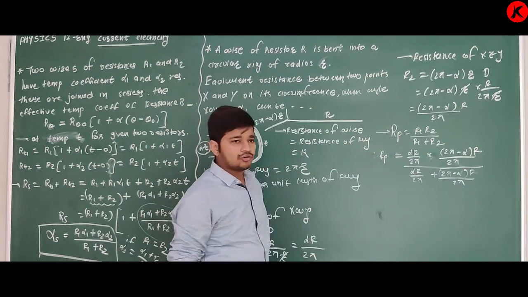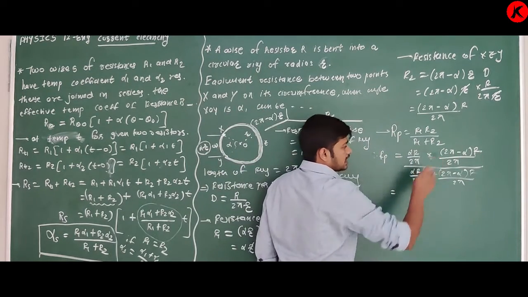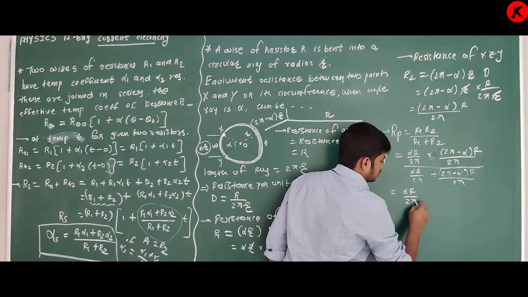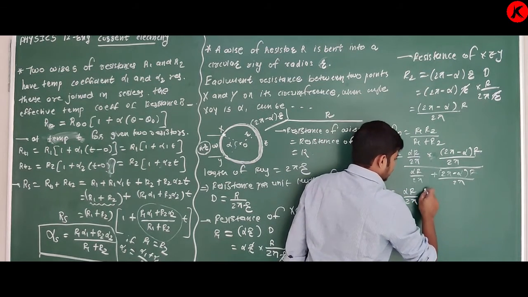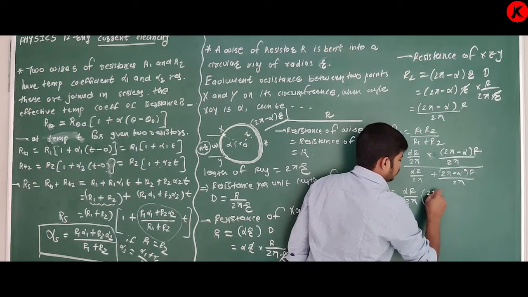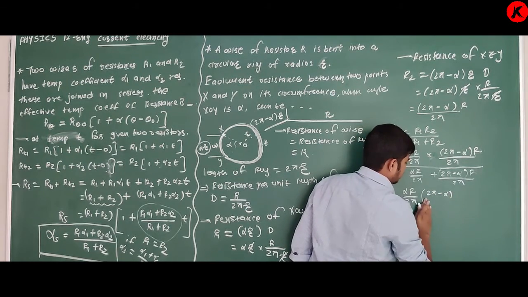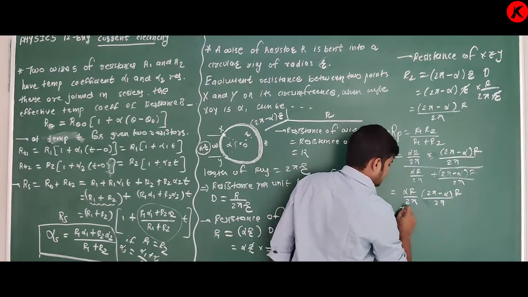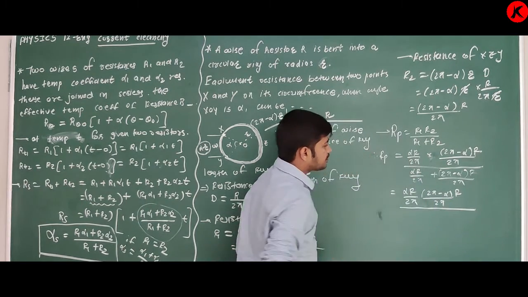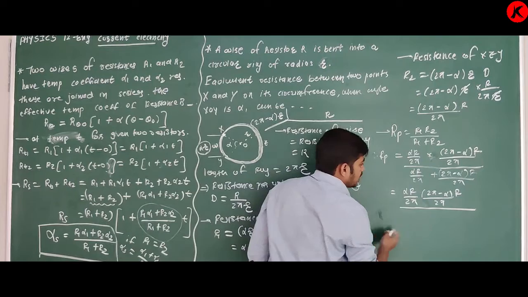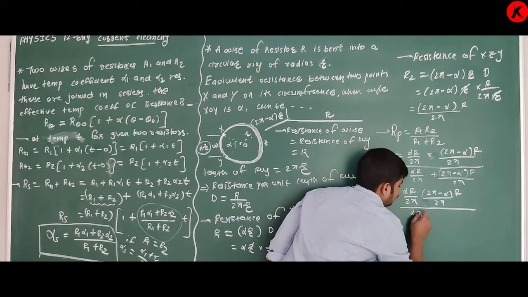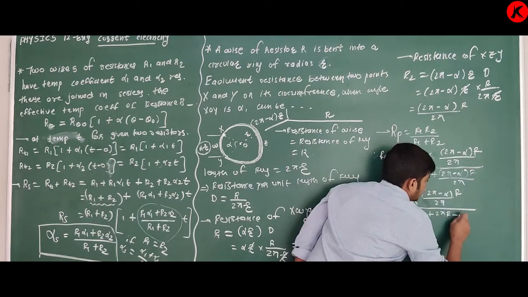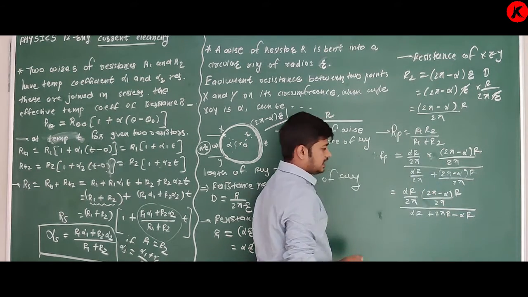Then the numerator stays as it is, alpha R upon 2 pi into 2 pi minus alpha into R divided by 2 pi, divided by, since the base is the same, we can directly add the numerators: alpha R plus 2 pi R minus alpha R, over 2 pi. Any doubt?